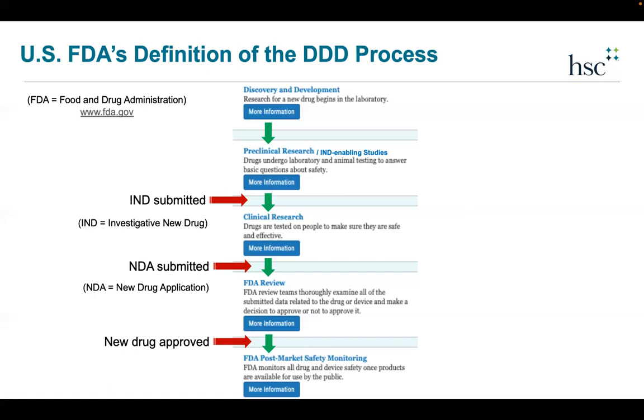If the clinical data are good enough, the drug developer would submit a new drug application for FDA to review and hopefully approve. Once a new drug is approved, the drug developer is entitled to mass produce that new medication for clinical use.